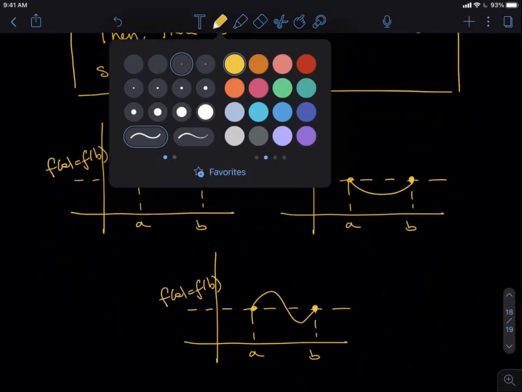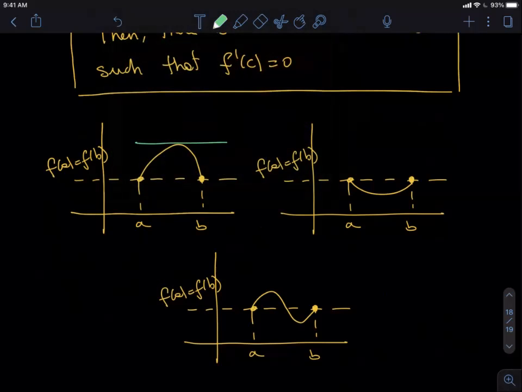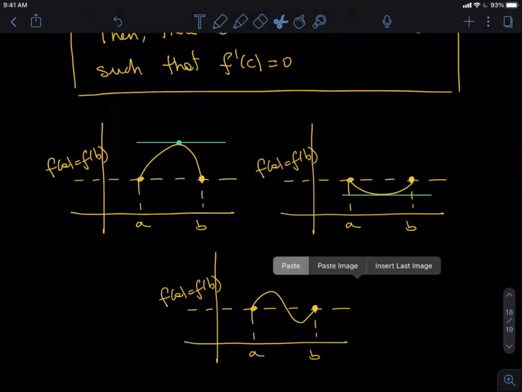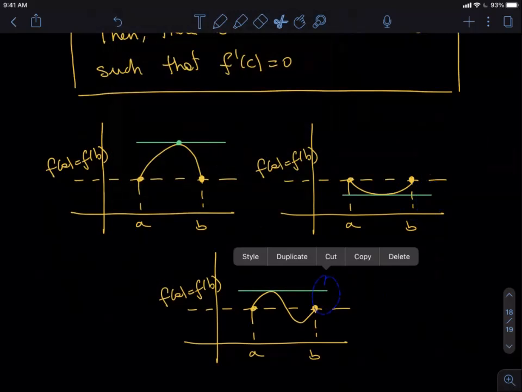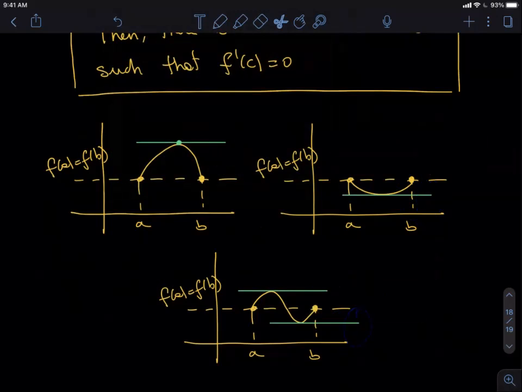What the theorem is saying is that if it goes up and then down again, there is a point where the slope is horizontal. There may be just one or there may be more. The theorem doesn't say. The theorem says there is one, but it doesn't say if that point is unique or there could be more. You see from the pictures that that is possible.